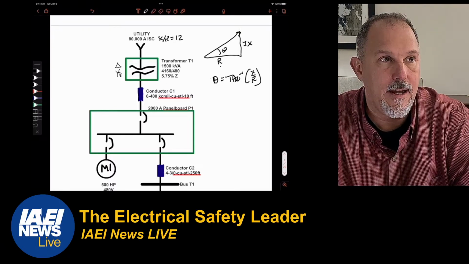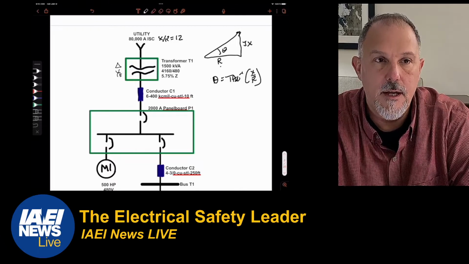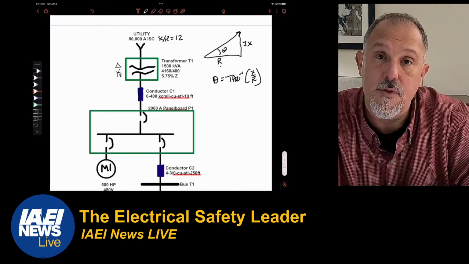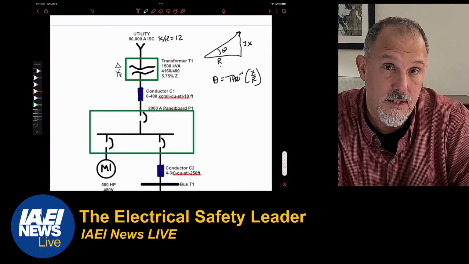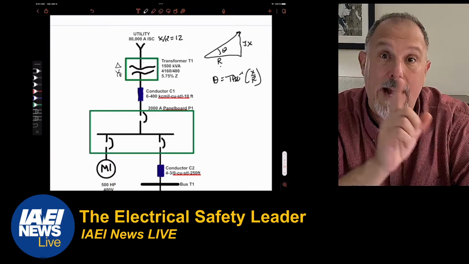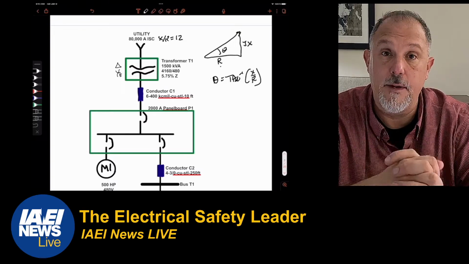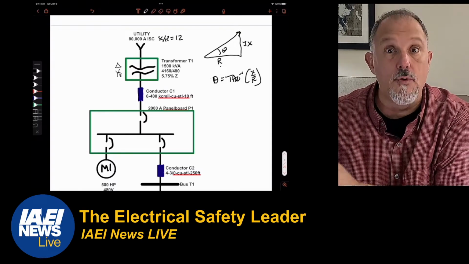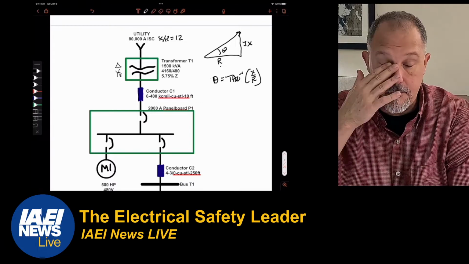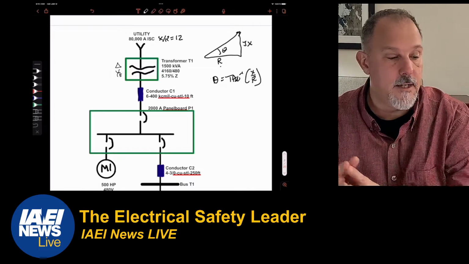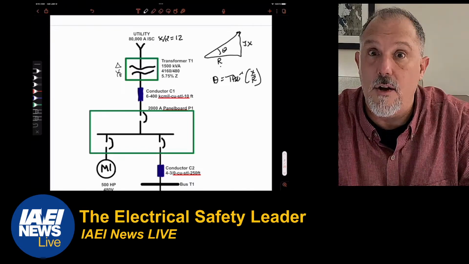Now it's a safe assumption, but if I wanted to break that 5.75% Z impedance into an X and an R, I could do that by contacting the manufacturer and finding information. I could also use IEEE rules of thumb in standards documents to estimate what the X to R ratio would be.